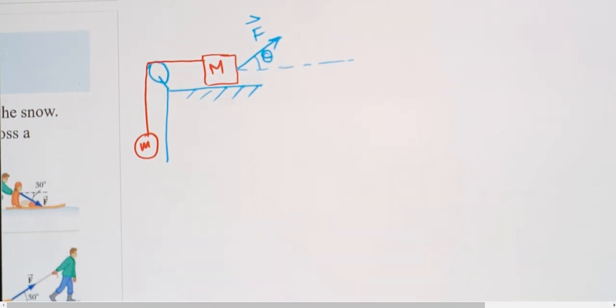So we stick to the book approach that it will tell you in the problem that the objects are moving with an acceleration, and it will give you the direction of motion. It will cut a lot when you solve those kinds of problems.